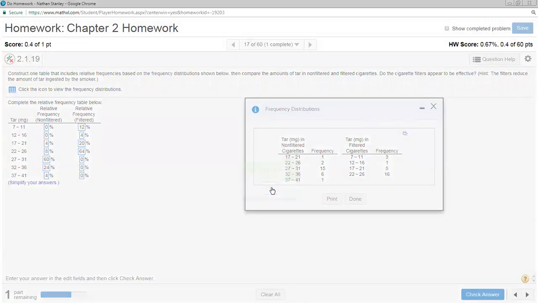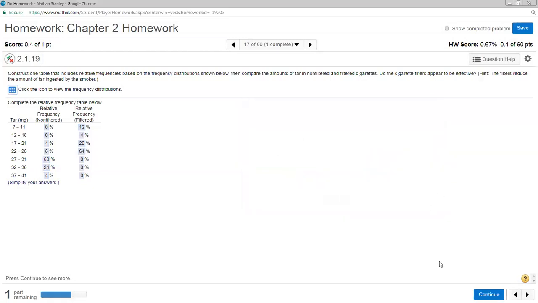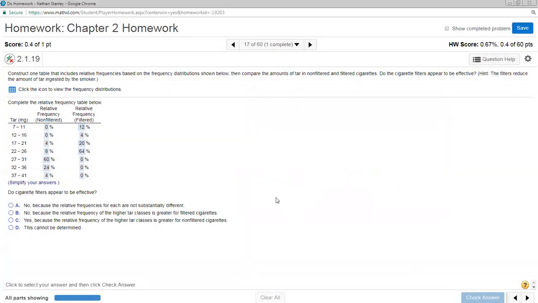We got it correct. So then there is one more part remaining. It asks you to continue. So it asks you to compare the numbers and see if cigarette filters appear to be effective. If we compare the two relative frequencies for non-filtered and filtered cigarettes, what do you think?